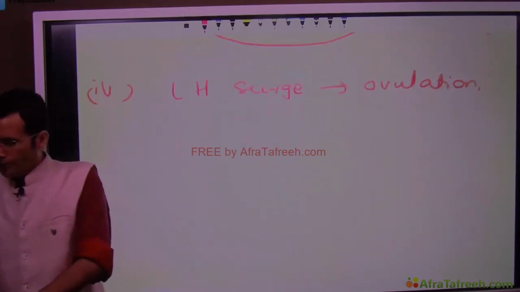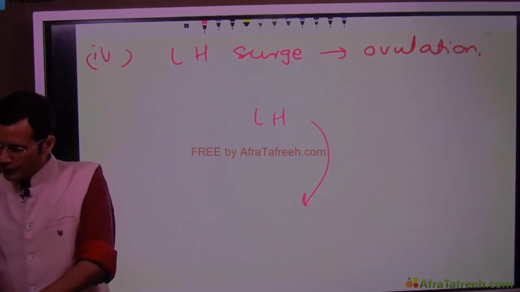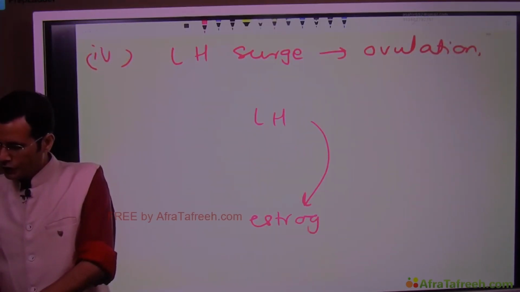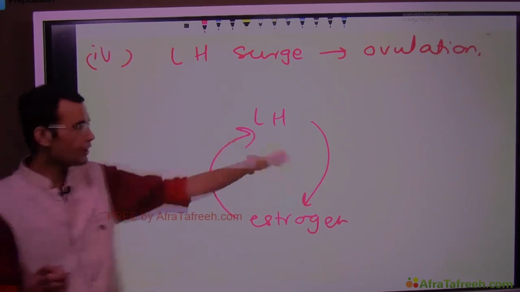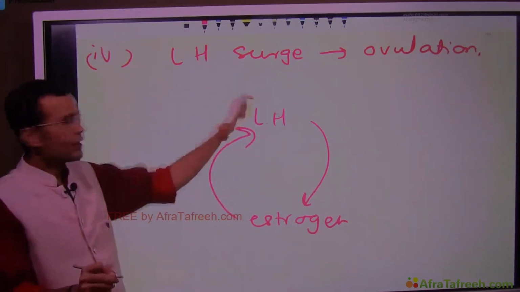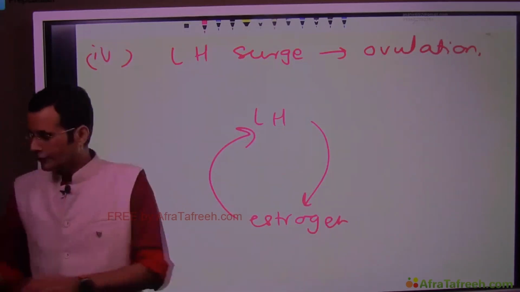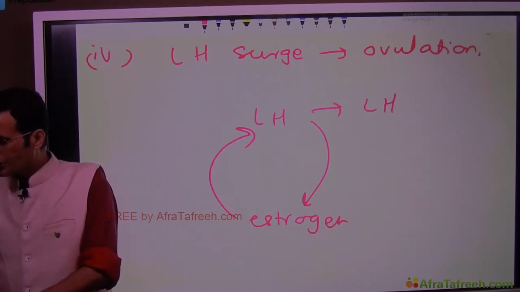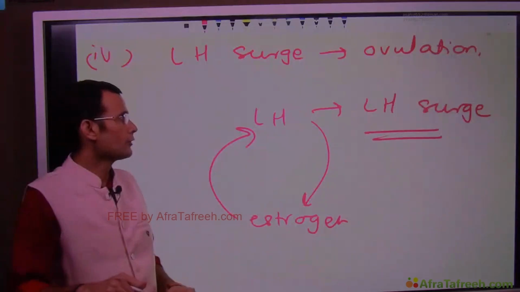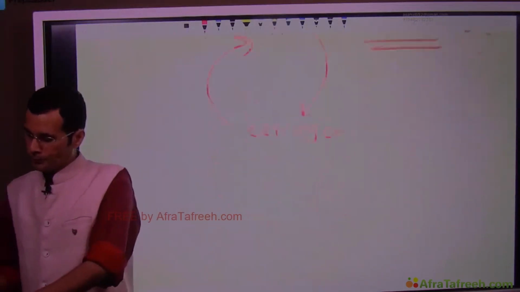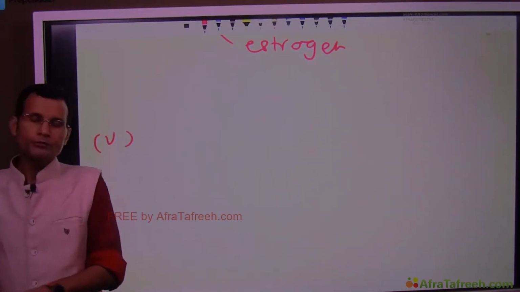So, estrogen causes further secretion of LH, and LH causes further secretion of estrogen. So a positive feedback will ensue. This will finally result in an LH surge, that's followed by ovulation. Another example of positive feedback.